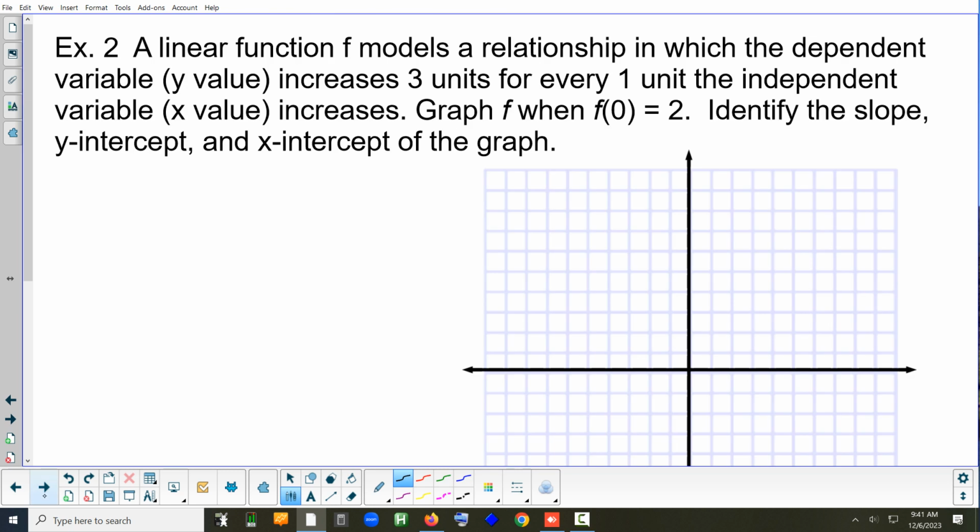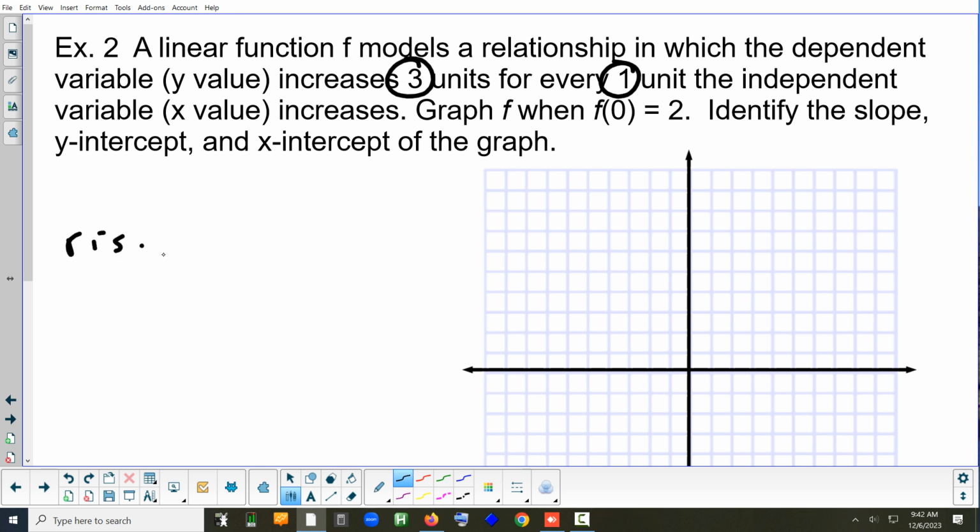So in example 2, it says we have a function where the y value goes up 3 and the x value goes right 1. So what we're going to want to do is kind of translate these numbers into the slope. That's what they're telling me. They're telling me how many up to go on the y and then how many right to go on the x.